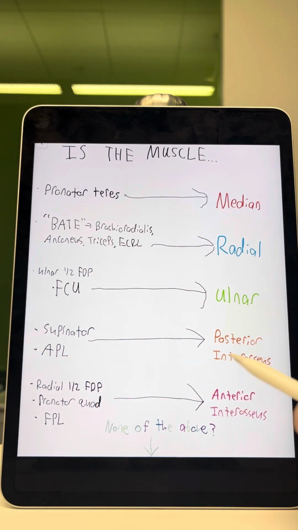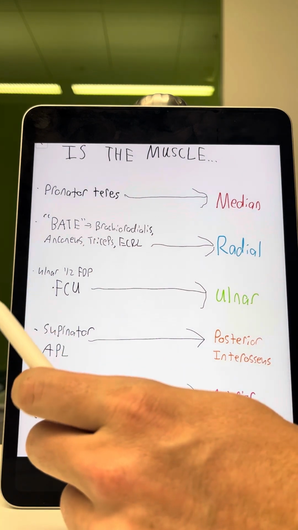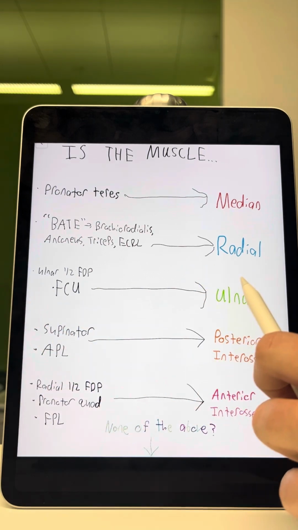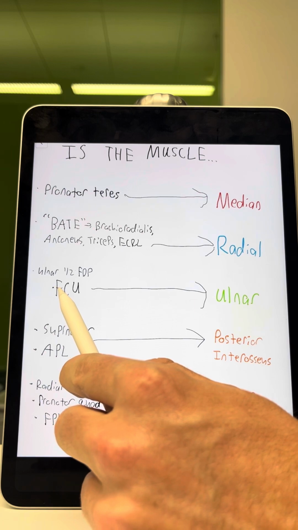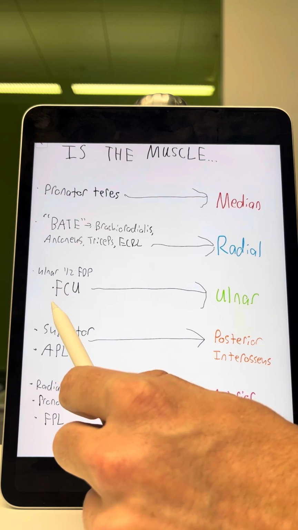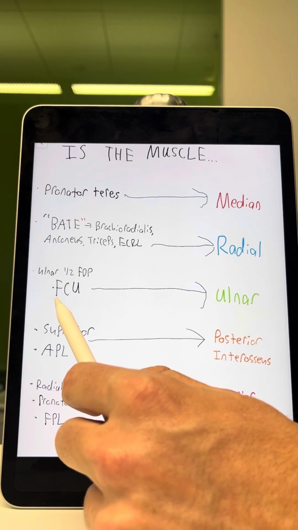And once again, the posterior interosseous or PIN is a branch of the radial nerve. And then the last part of this, remember that the ulnar nerve innervates the ulnar half of the flexor digitorum profundus and the flexor carpi ulnaris.